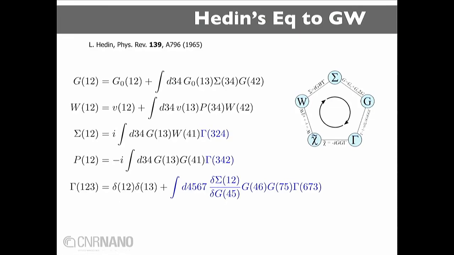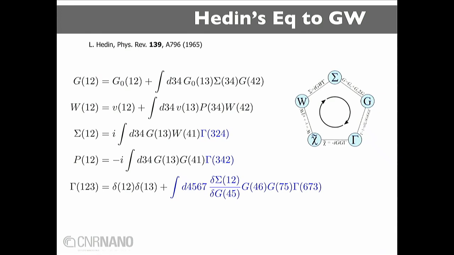Now, out of these equations, basically, we can immediately devise an approximation that is called GW if we drop this extra term here. So basically, these equations have an internal hierarchy, and need to be broken somewhere if we want to start guessing some approximation. So if we drop this and we approximate the vertex just as one point, okay, that corresponds to a simple linear response for the Green's function, as if the sigma were not depending on G, okay?